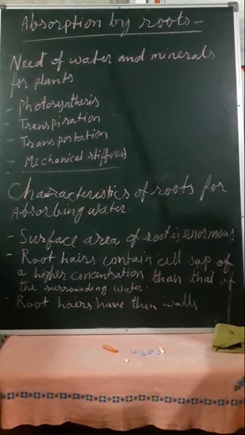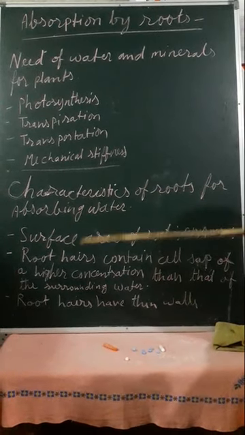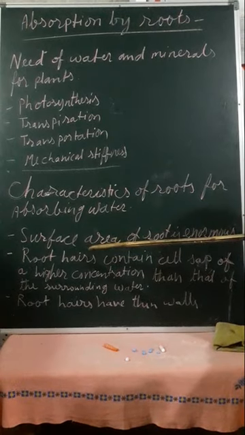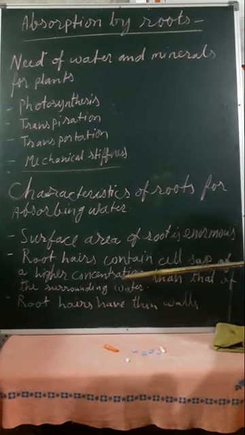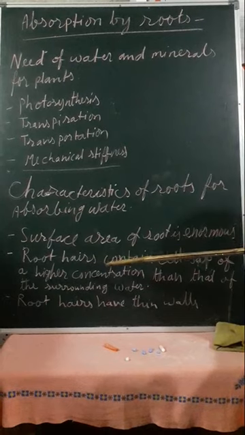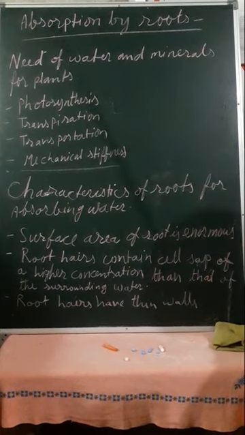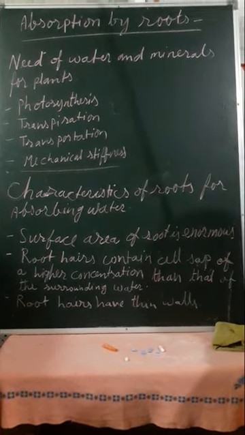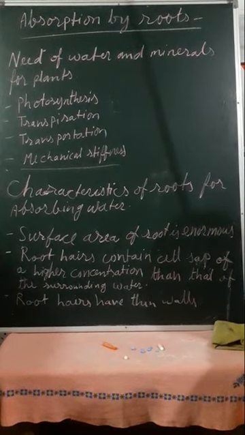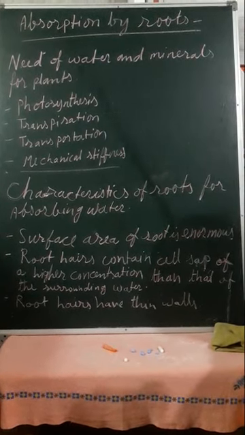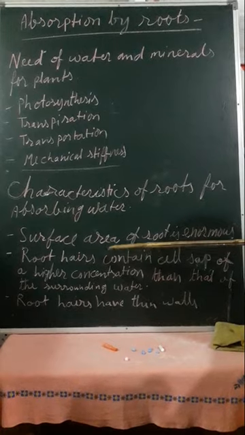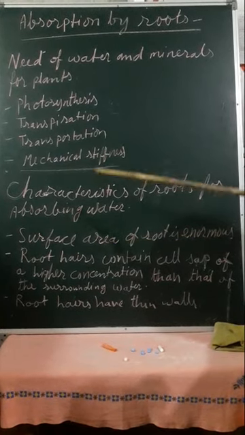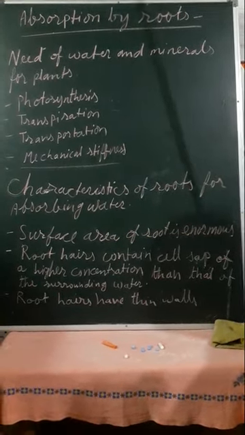As I mentioned, the root hairs having cell sap that is highly concentrated compared to the surrounding soil water, the water molecules move from the surrounding soil to the root hairs. This we will continue studying in the process of osmosis in the next part.